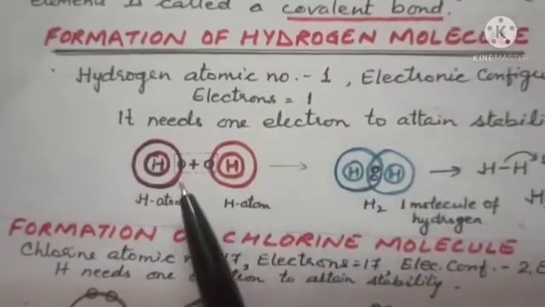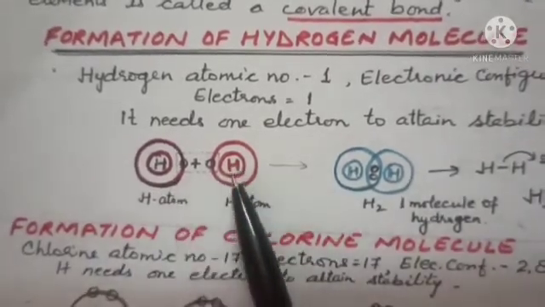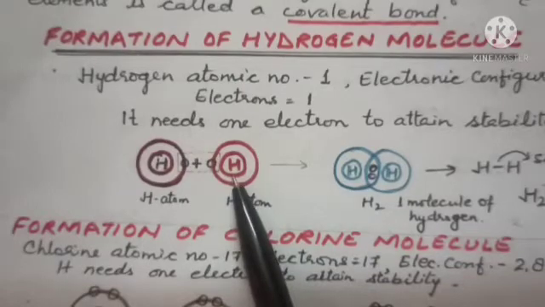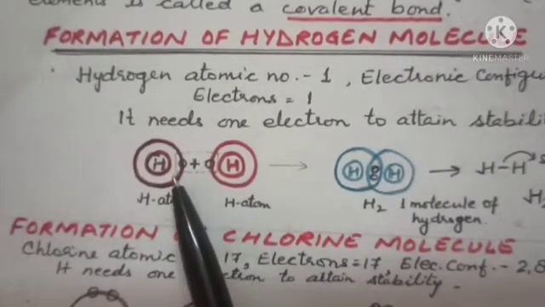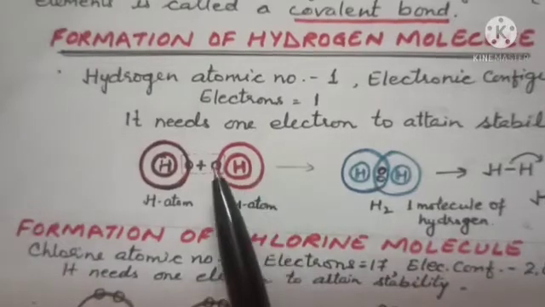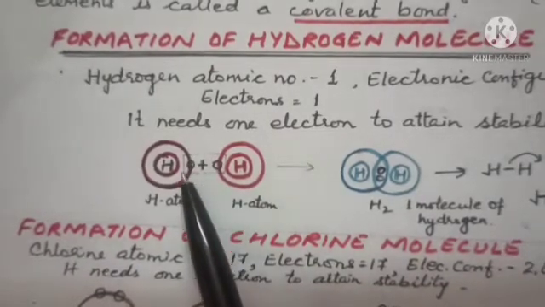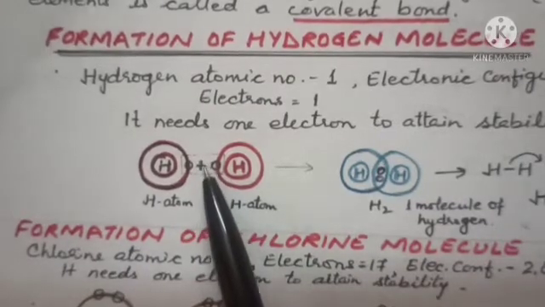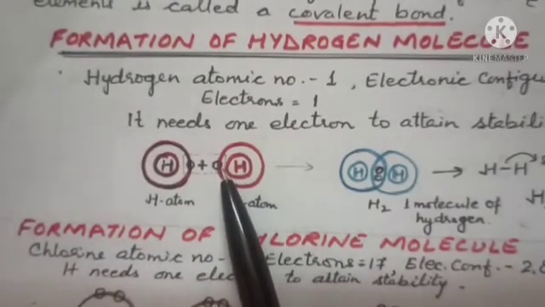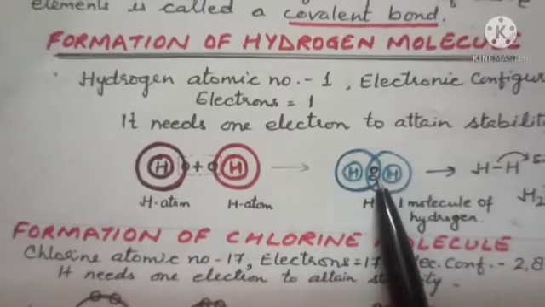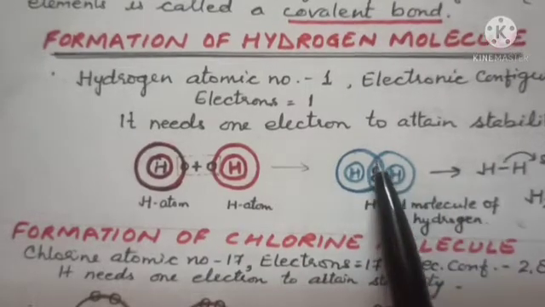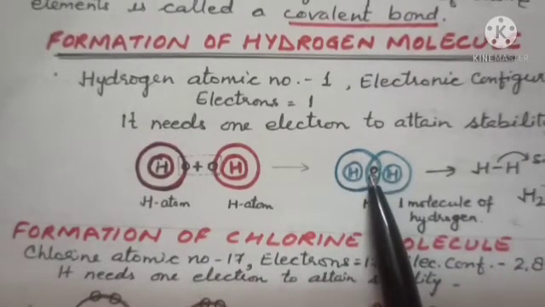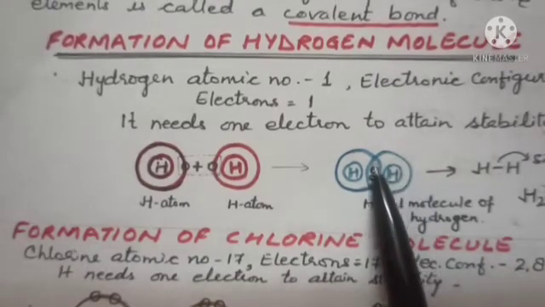So what it will do is combine with one more atom of hydrogen. When two atoms of hydrogen combine, they share one pair of electrons. After sharing one pair of electrons, what happens? They get a stable electronic configuration, meaning this hydrogen gets 2 electrons and this hydrogen also gets 2 electrons.